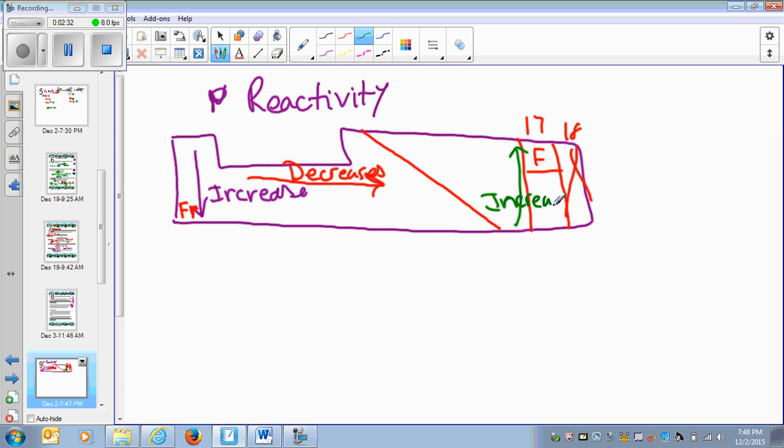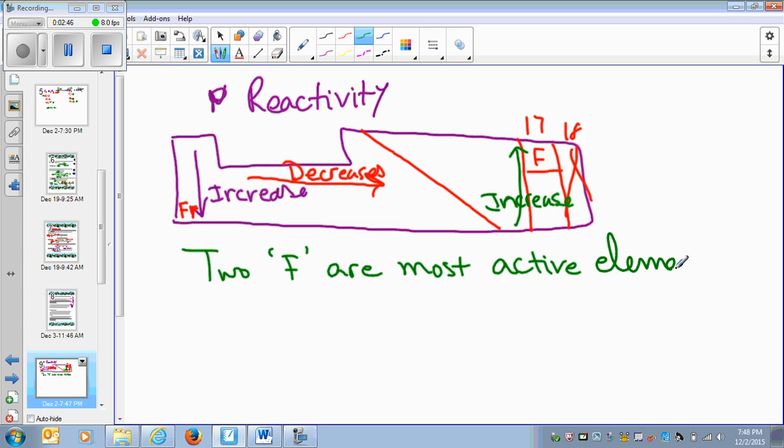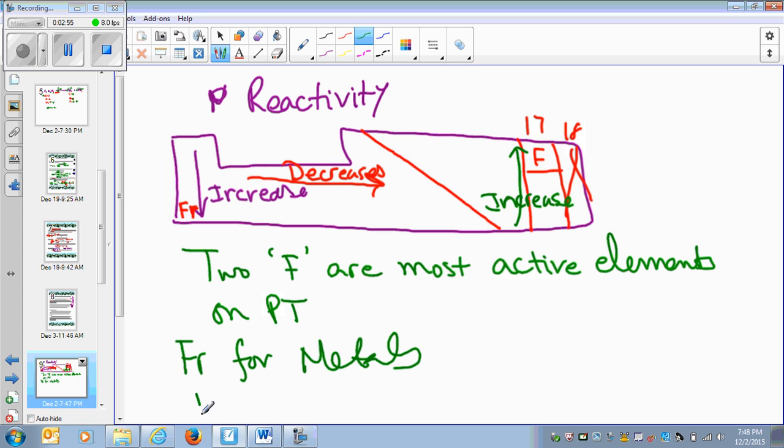I will say that the two F's are the most active elements on the periodic table. This is one easy way to remember this. On the metal side, it is francium, and it is fluorine for non-metals.